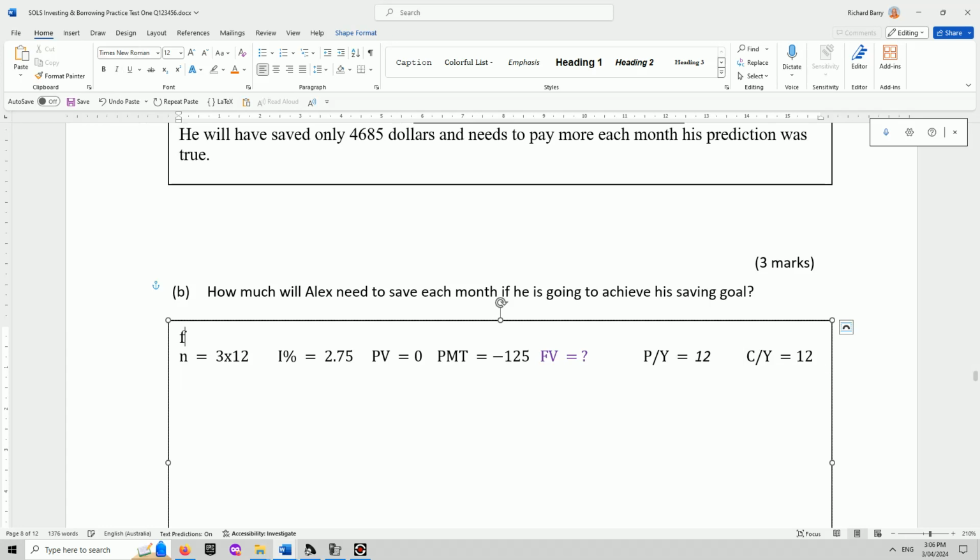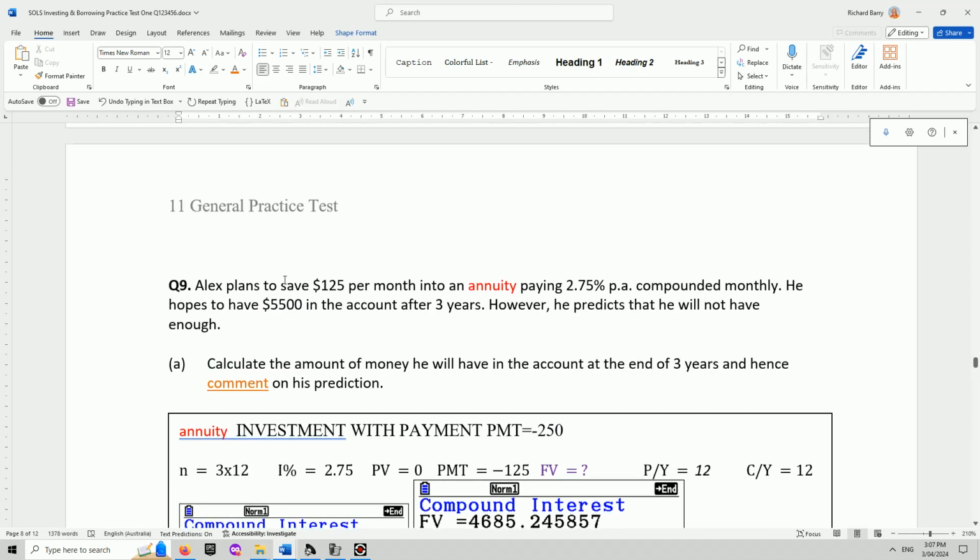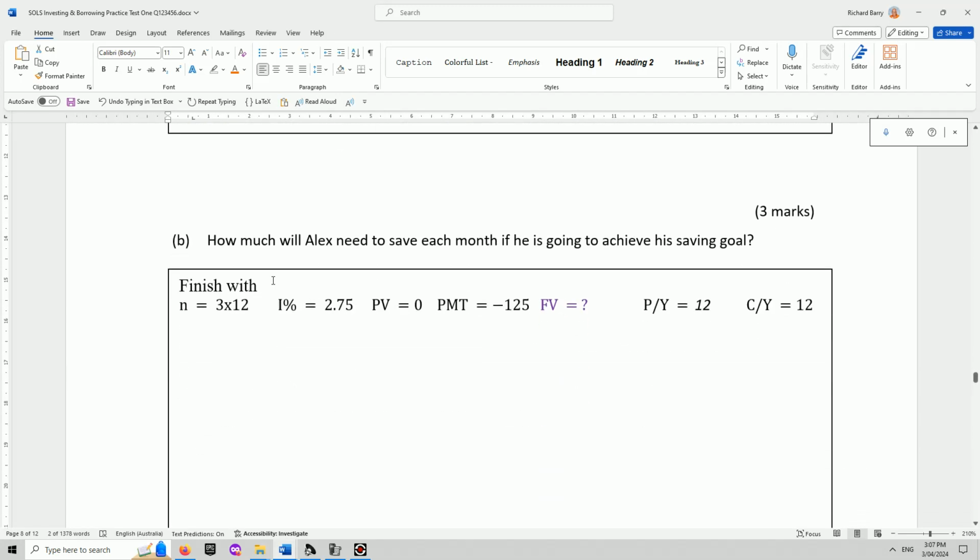All right, I want to finish with 5,500. Okay, so we're going through this question, and this time we want to say what payment would be enough. How much will he need to save each month?